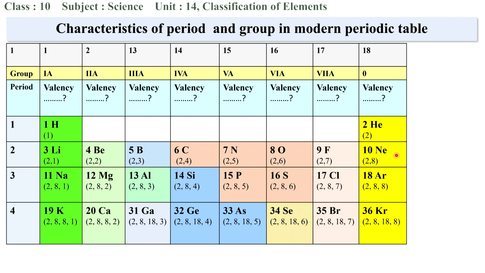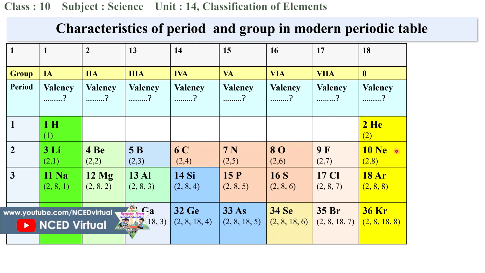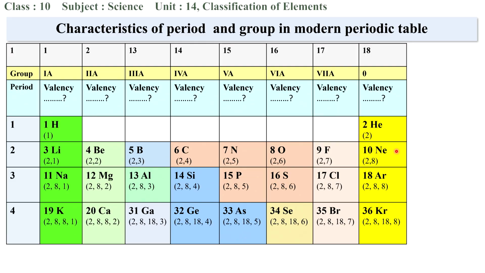Dear students, please think carefully. Let's have a brainstorming activity to find the valency of the elements. Then what is valency? That also you should think about, because valency, valence electrons and valence shell we have already studied in grade 9.